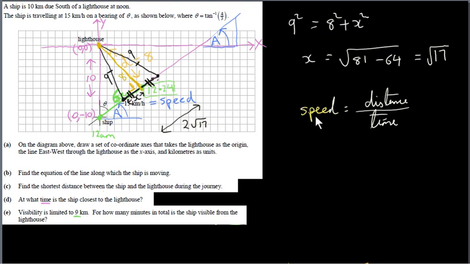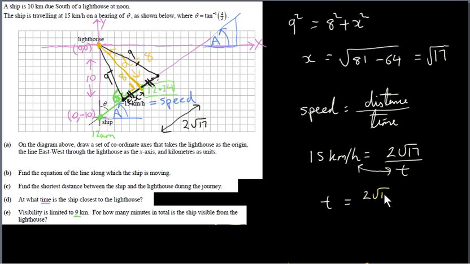Now we know that for something going with constant speed, its speed is given by the distance traveled divided by the time taken. So the ship is going at a constant speed of 15 kilometers per hour. And that must equal the distance. We're saying this distance here from when the ship is visible from the lighthouse is 2 root 17 divided by the time taken, t. So to find out what t is, we just rearrange this, which is basically just interchanging these two.